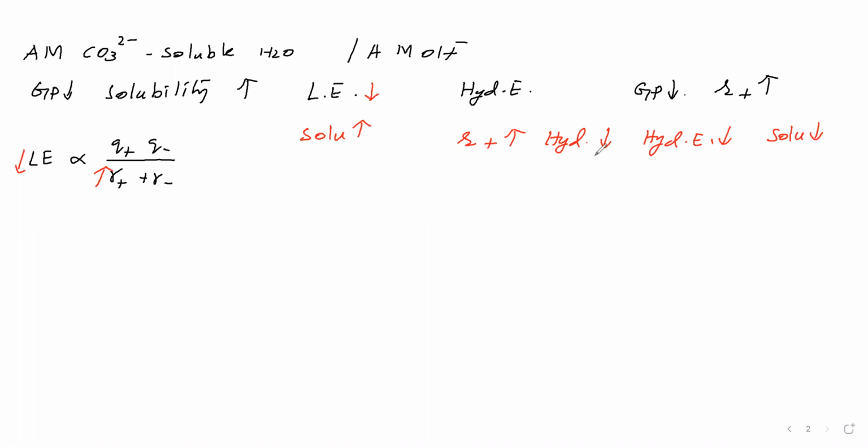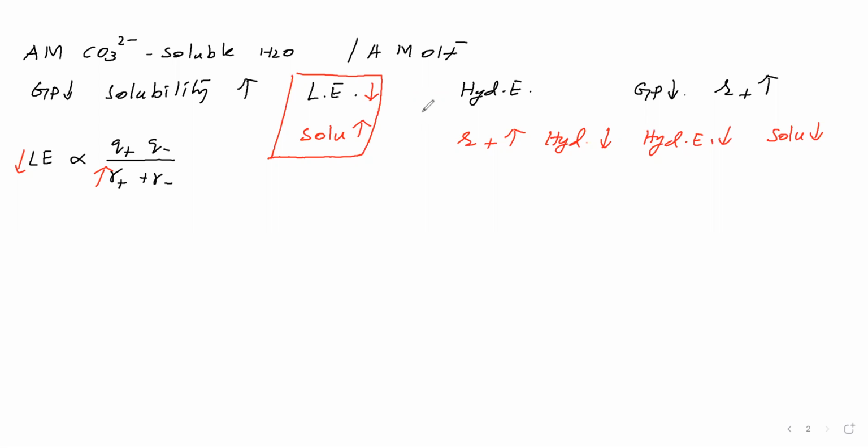So hydration enthalpy says solubility goes like this, lattice enthalpy says solubility goes like that. What does the experiment say? As per experiment, the dominant factor is lattice enthalpy. Down the group, lattice enthalpy decreases, therefore solubility increases. That means the decrease in lattice enthalpy is dominant when compared to the decrease in hydration enthalpy, therefore solubility increases.